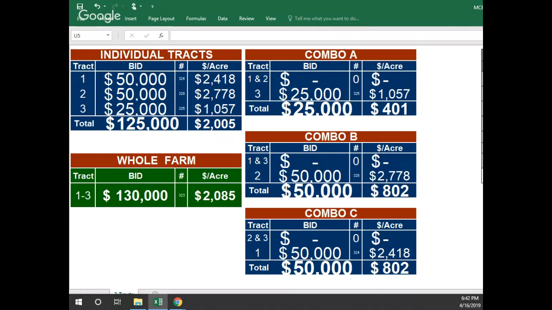Any further interest? Go 30,000 on track 3, sir. 30,000 on track 3, 325. Go 55,000 on 2.